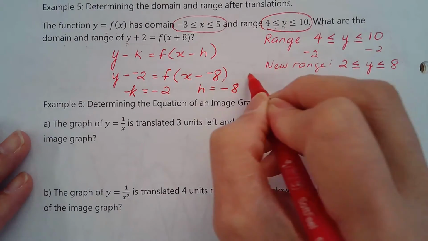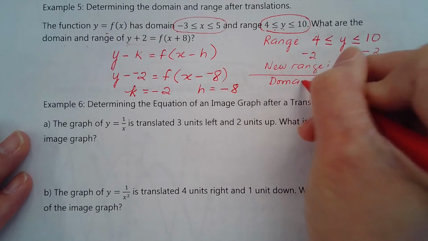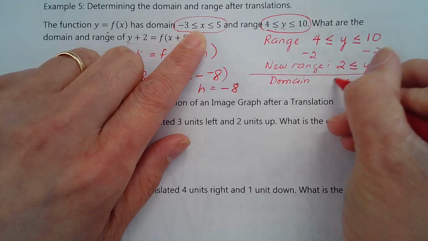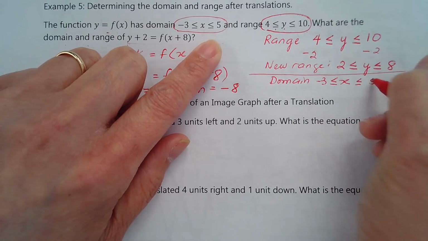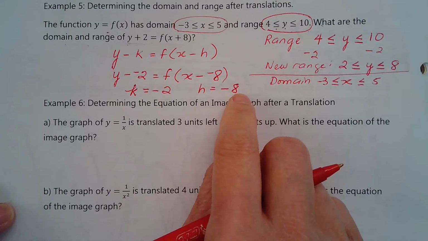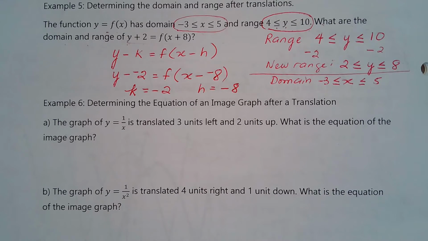Now, what about the domain? Let's do the domain. The old domain says x is greater than or equal to -3, but less than or equal to 5. Well, it says here we have to shift the graph horizontally 8 units to the left.